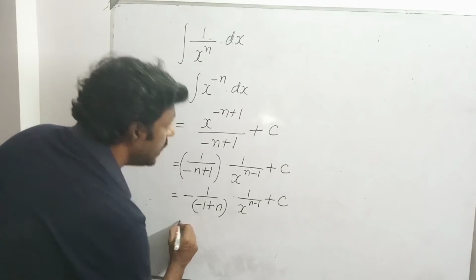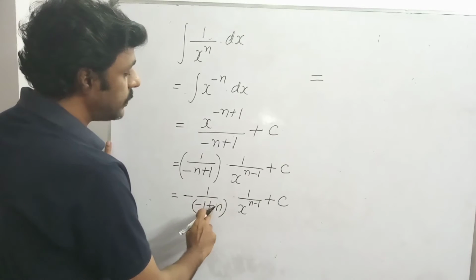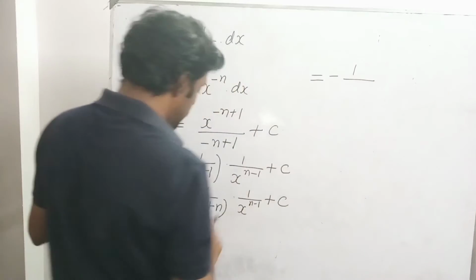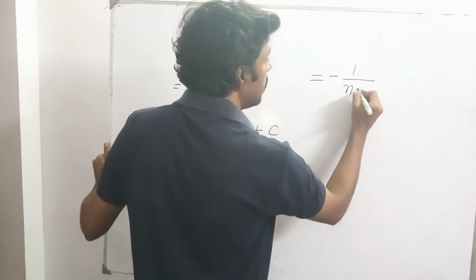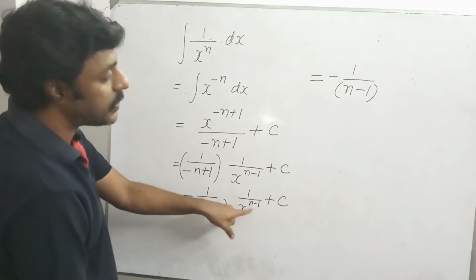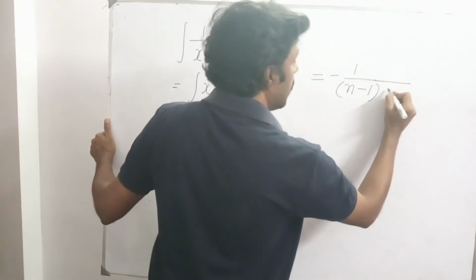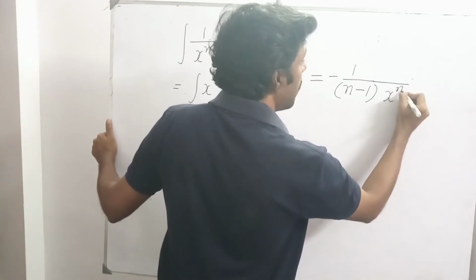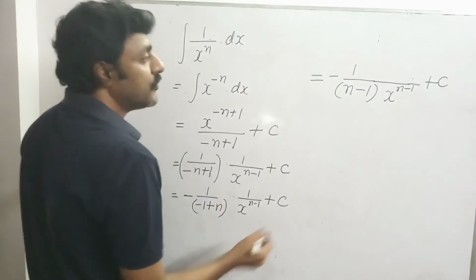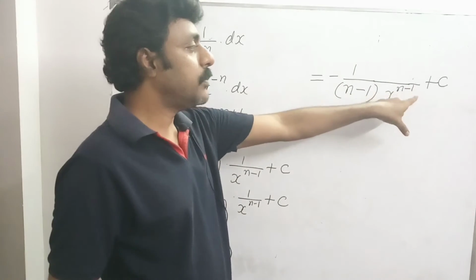Now which will be equal to minus 1 by minus 1 plus n will be minus of 1 divided by n minus 1 into 1 divided by x power n minus 1. So it will be x to the power n minus 1 plus c. Therefore the result will be minus 1 by n minus 1 into x power n minus 1 plus c.